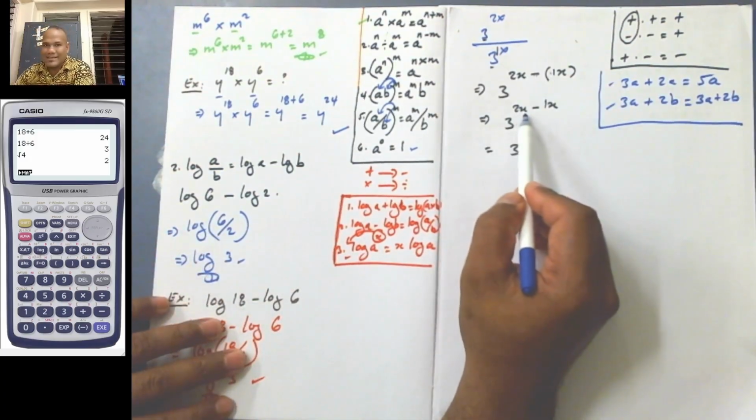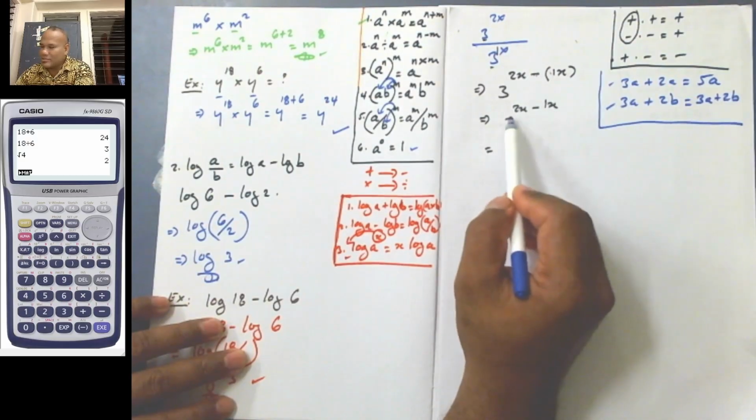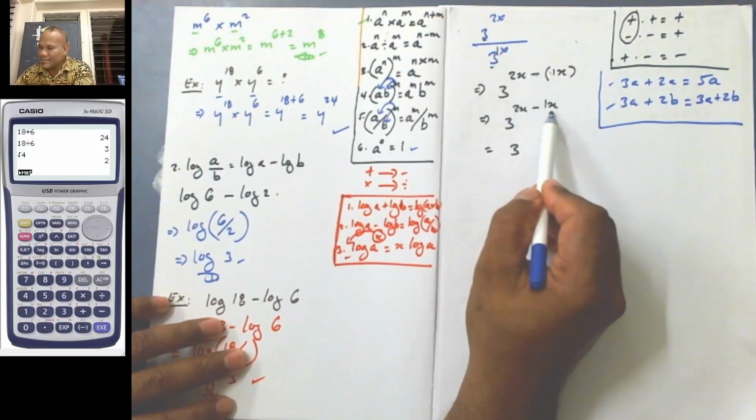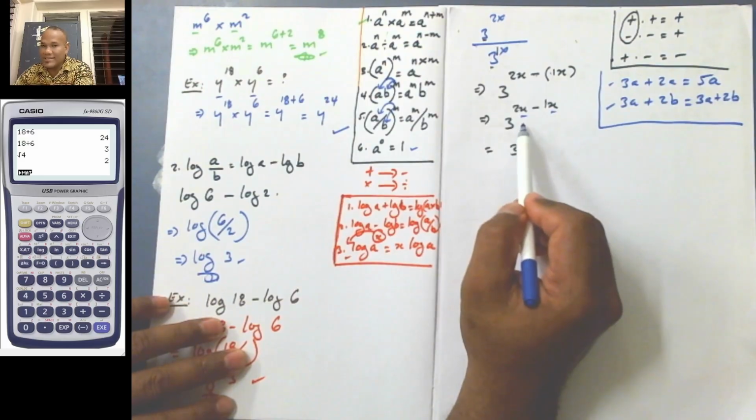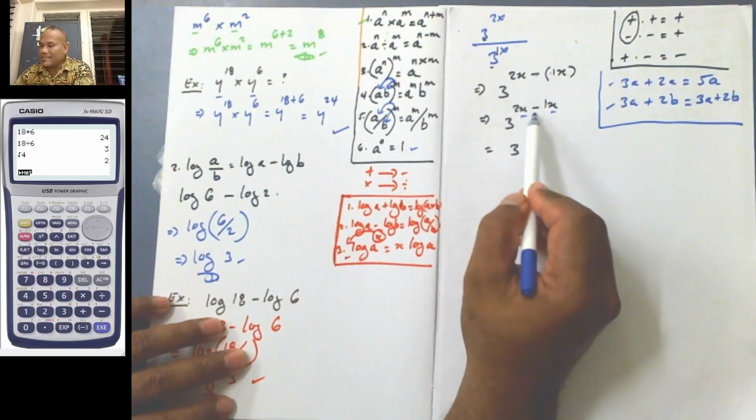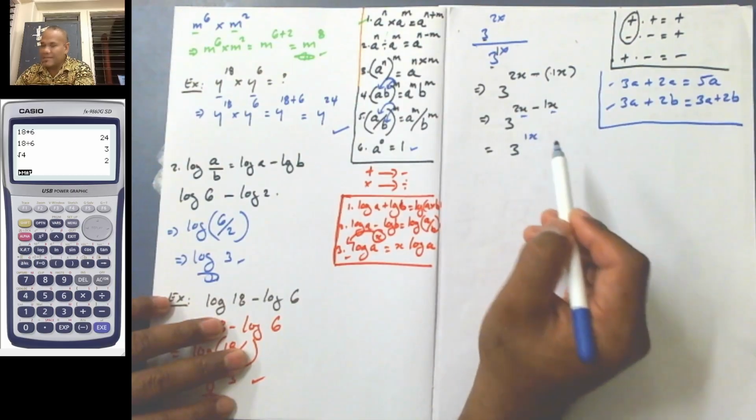So 2x minus 1x. Since they're both x, we can say that 2 apple minus 1 apple is 1 apple. In our case, apple is x.